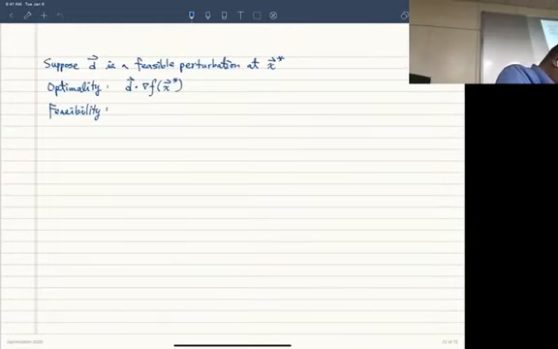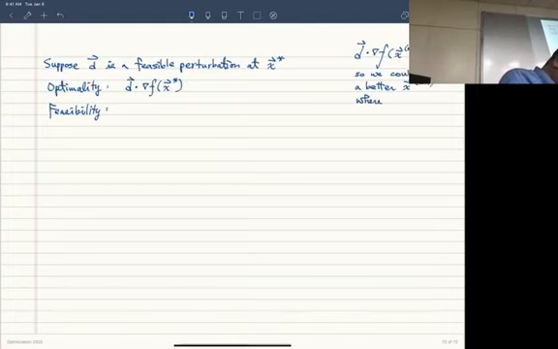Earlier we said we wish this to be negative at x_k, so we could find a better x_{k+1}, where d is basically the movement, x_{k+1} minus x_k, right?